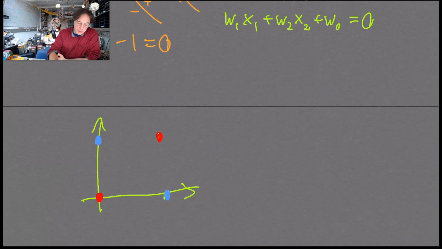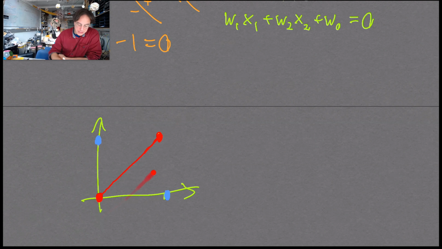And if both of these red points are on the same side of the line, then in fact this whole segment between them has to be on the same side of the line, right? If the line would cross this segment here, then these 2 points would be on opposite sides of the line.